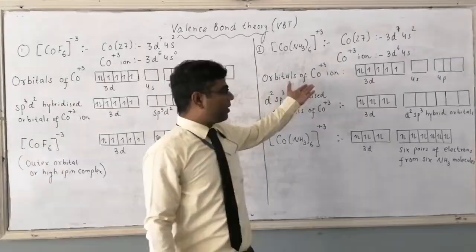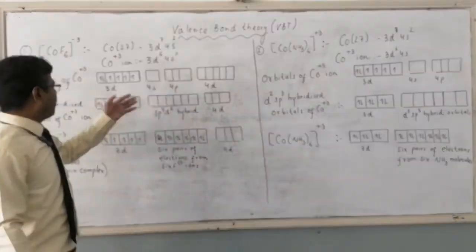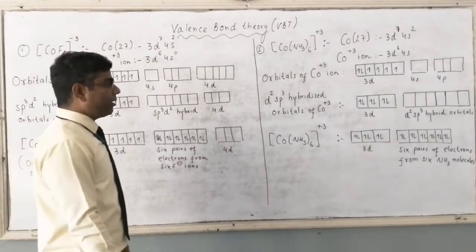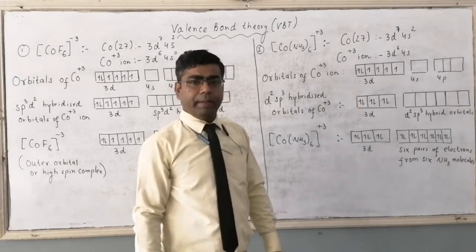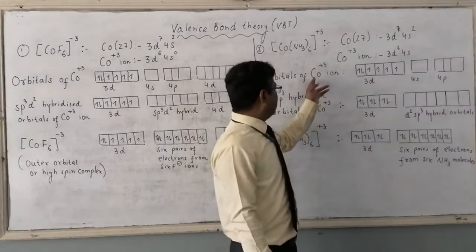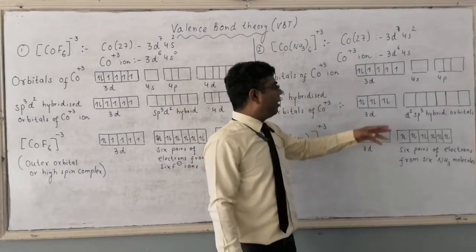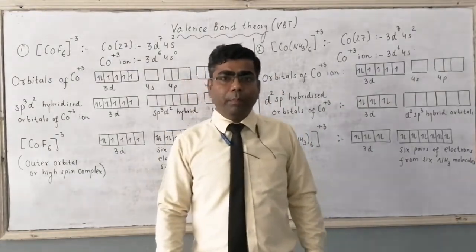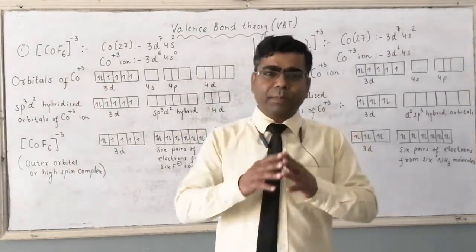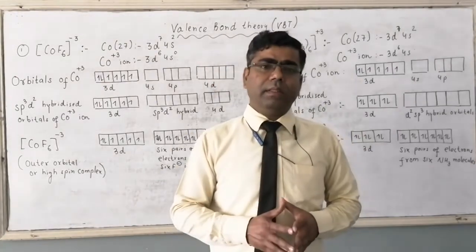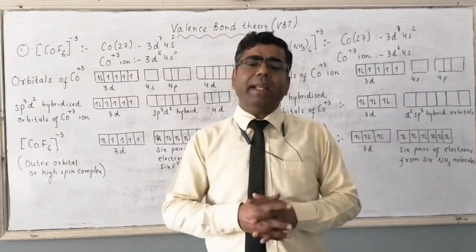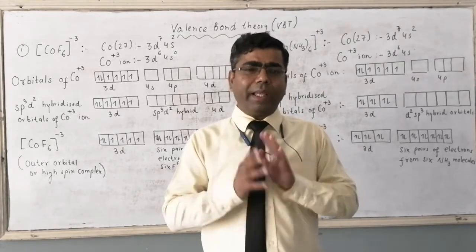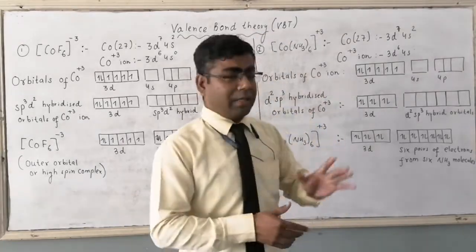Now the orbitals of the Co+3 ion are the same as we have drawn in the first case. Now about the hybridization. Here in the orbitals of the Co+3 ion we have 4 unpaired electrons. But the magnetic susceptibility experiment has proved that there is no unpaired electron in this complex ion.